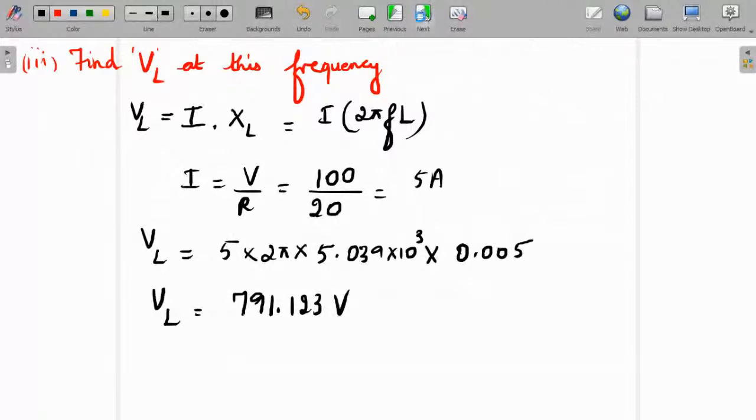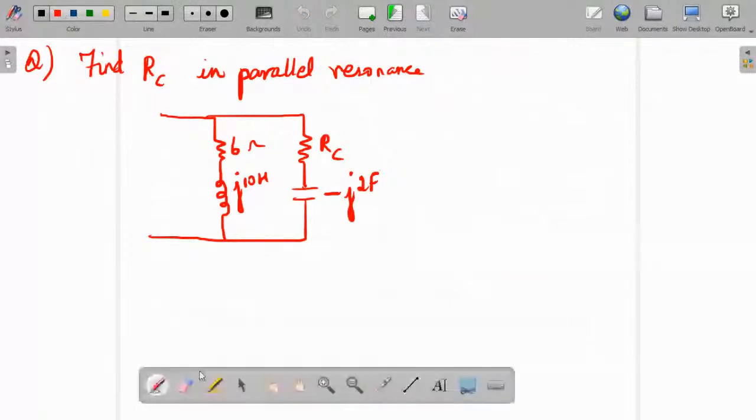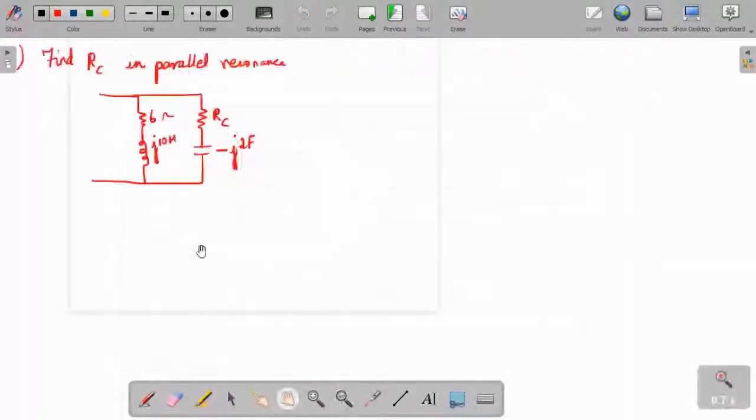Next, find RC in parallel resonance. Find the value of this RC. Yes, so at resonance we know XL is equal to XC. கேள்வியிலேயே impedance values எல்லாமே கொடுத்துட்டாங்க.